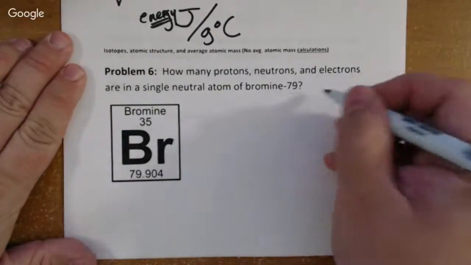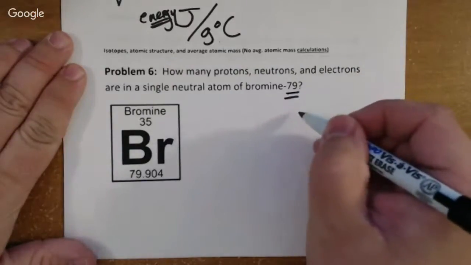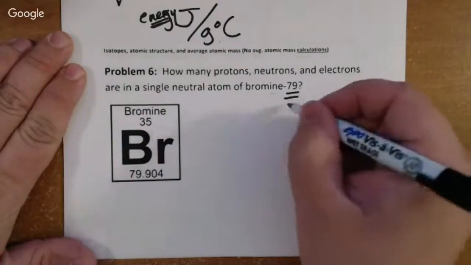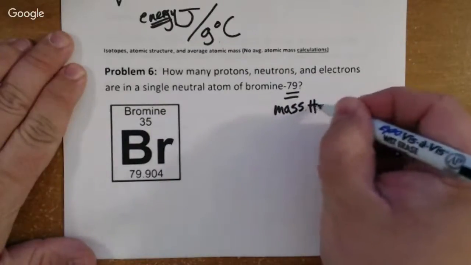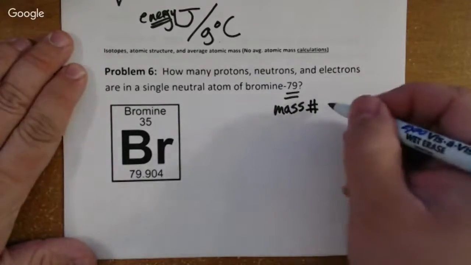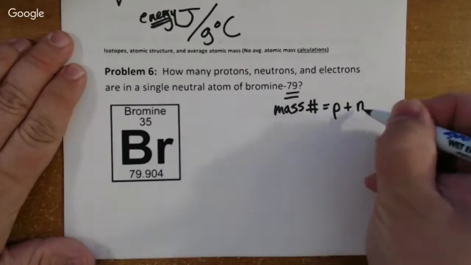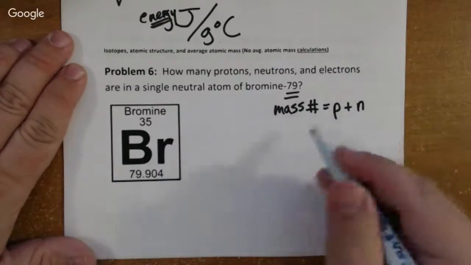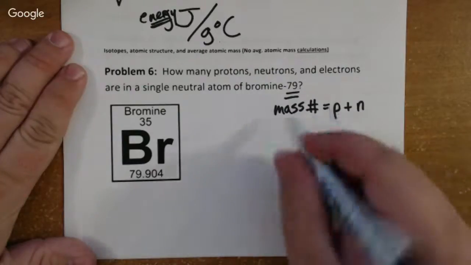If you ever see carbon 12, carbon 13, bromine 79, that little number that comes after it is the mass number. I'm going to abbreviate it like this. And the mass number equals the protons, P, plus the neutrons, N. So the mass number gives us a sum of protons and neutrons.